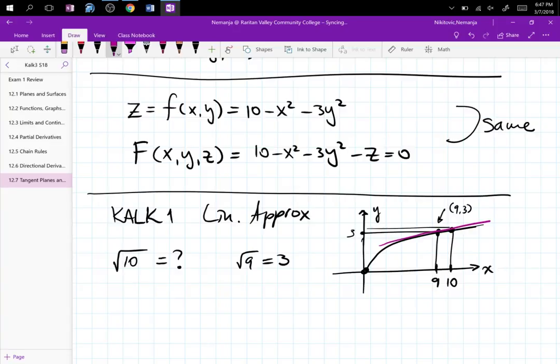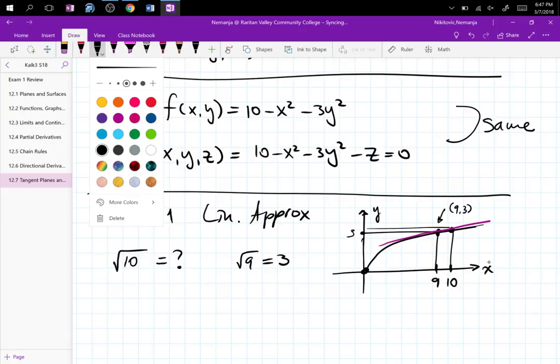So it's good enough for us to find the tangent line at the point that is easy to compute, in our case 9, and then compute 10 in that tangent line, because again, the tangent line is going to have a y value for x equals 10.